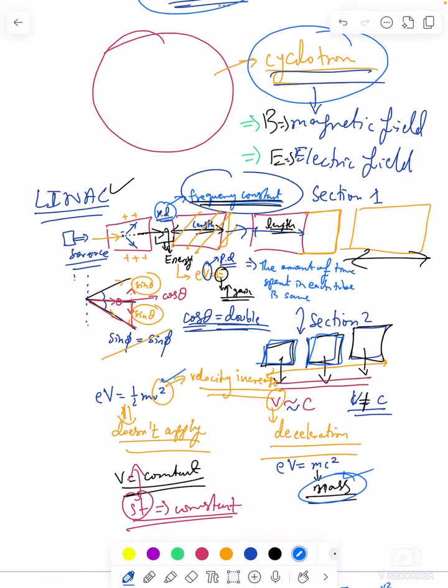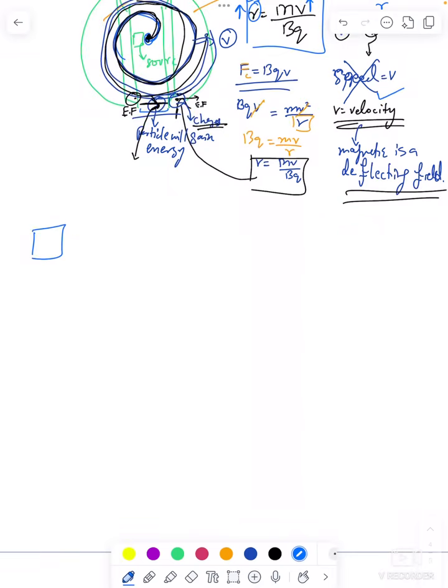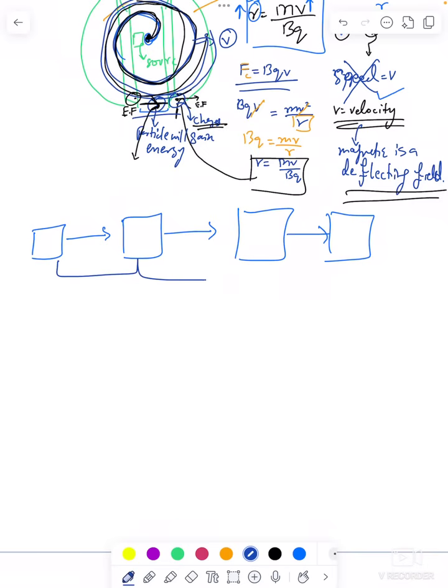There's one interesting thing I would like to talk about with the Linac. Let's suppose it passes through all these 4 tubes, and we want to know what its velocity is at this point.